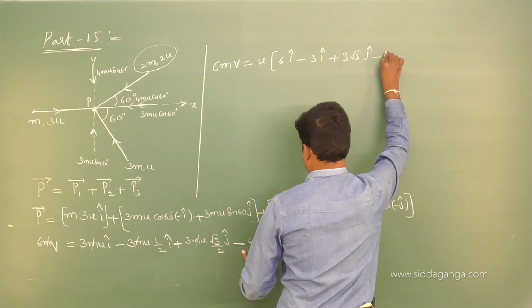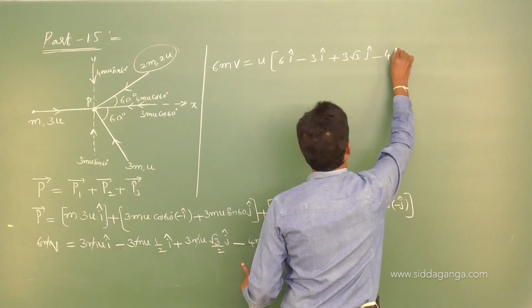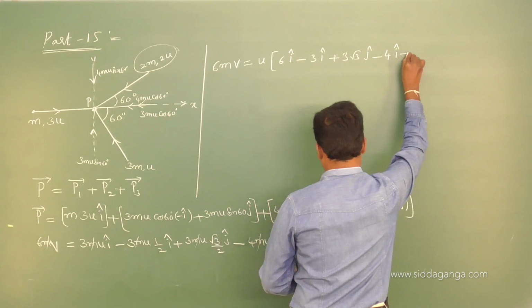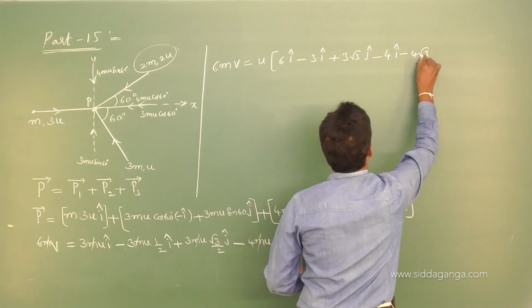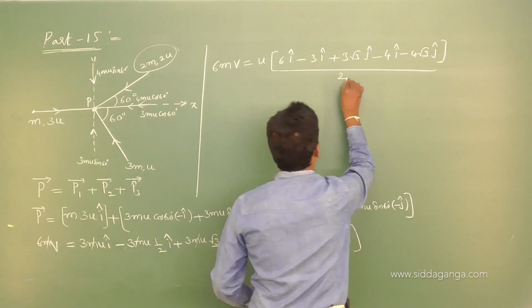minus, so 2 already taken, so 4 i cap minus 4 root 3 j cap, all divided by 2.